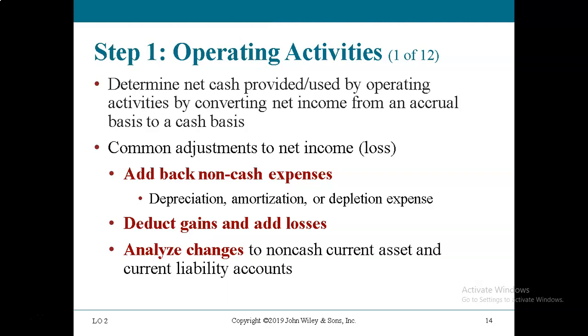When we do the operating activity section under the indirect method, we start with net income, and then you always have to add back depreciation, amortization, depletion. So just depreciation, know that. The reason is because to get net income, you subtracted depreciation.